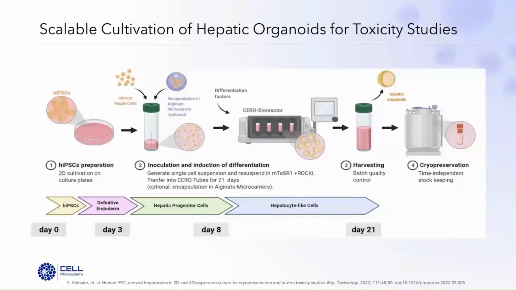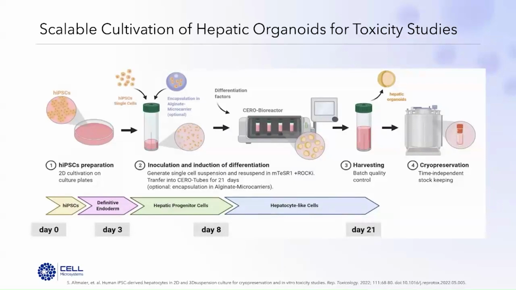In this study, the researchers used a gene-edited CYP3A4 nanoluciferase iPSC line. This reporter cell line was used to generate hepatic organoids in the sero. And as I mentioned, they were incorporating this idea of generating a biobank of ready-to-use organoids.